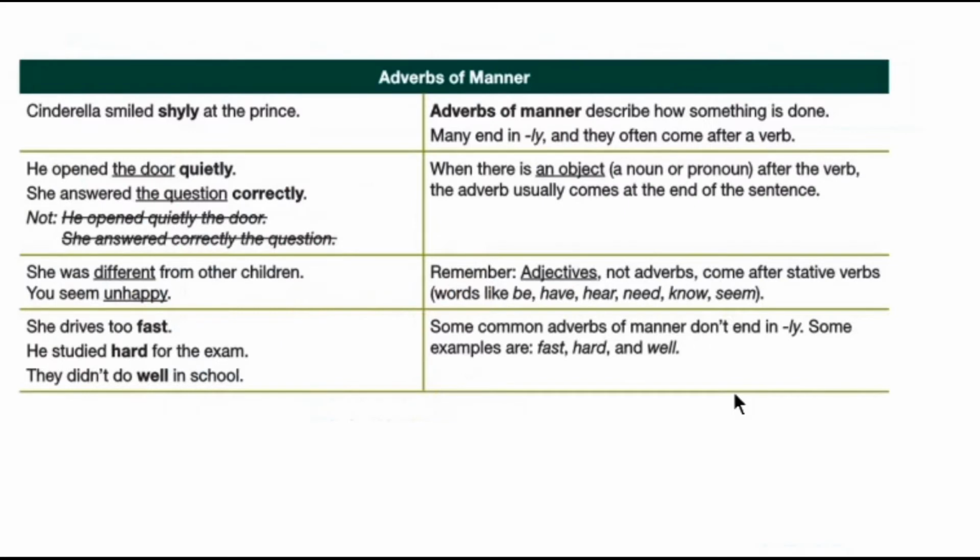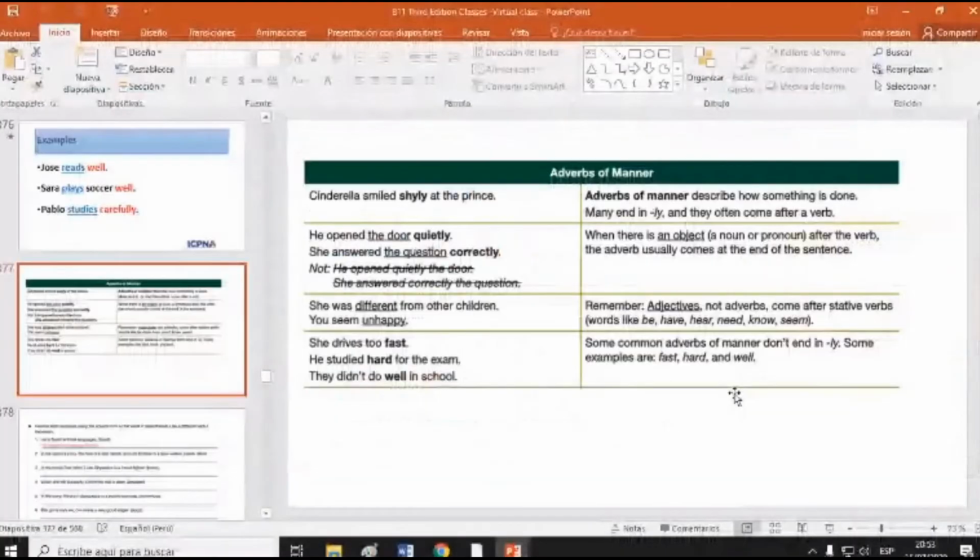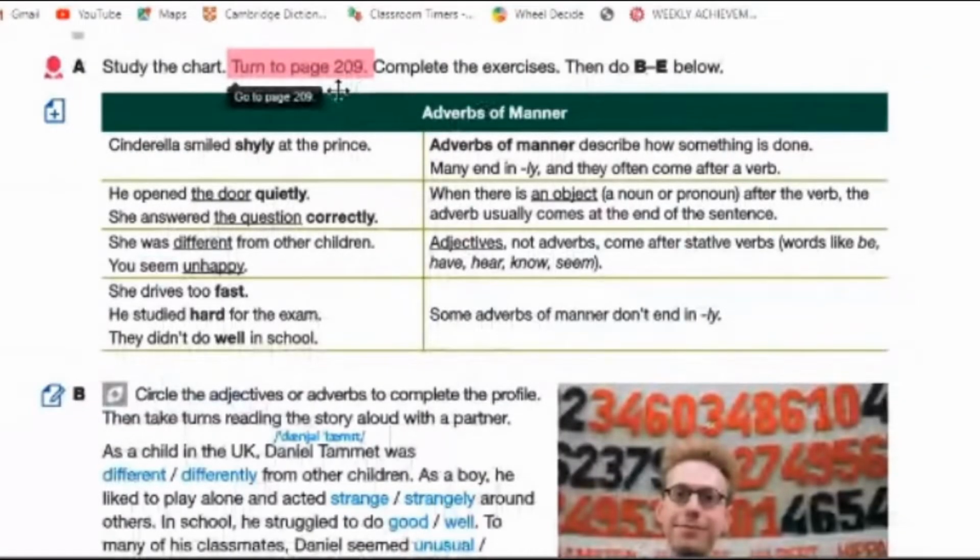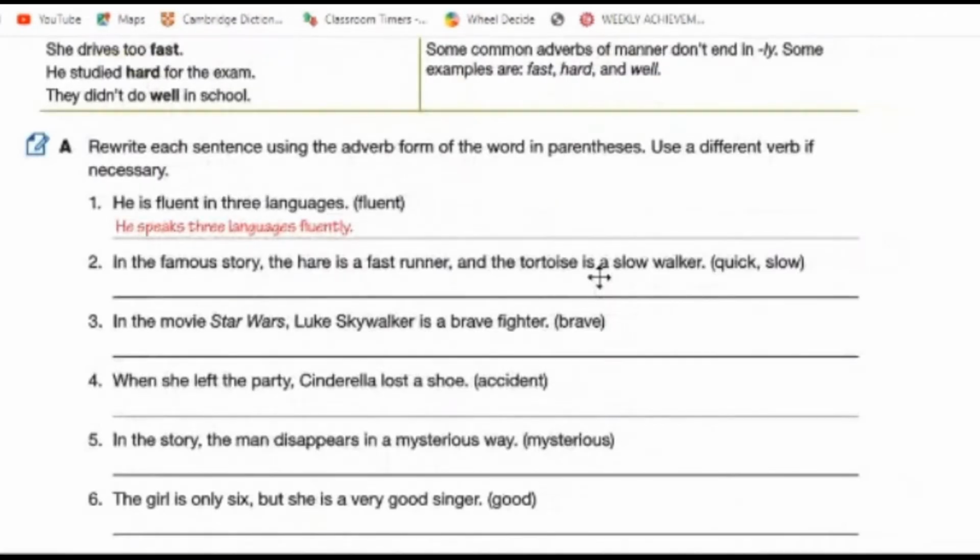Okay, pay attention here. Let's practice in your book, page 209. You have to rewrite each sentence using the adverb form of the word in parentheses. Use a different verb if necessary.